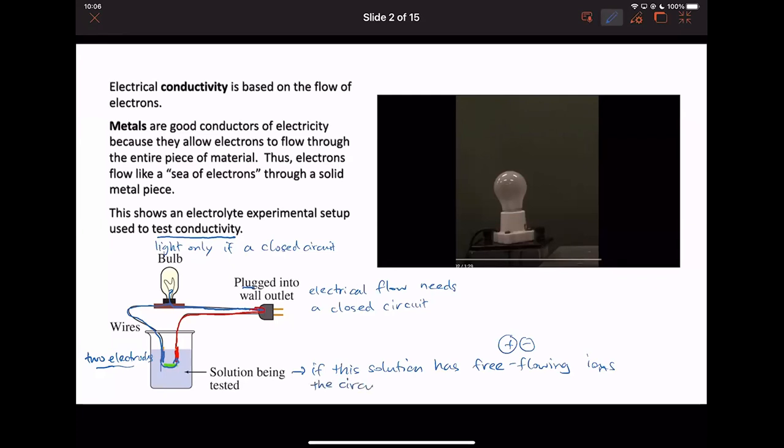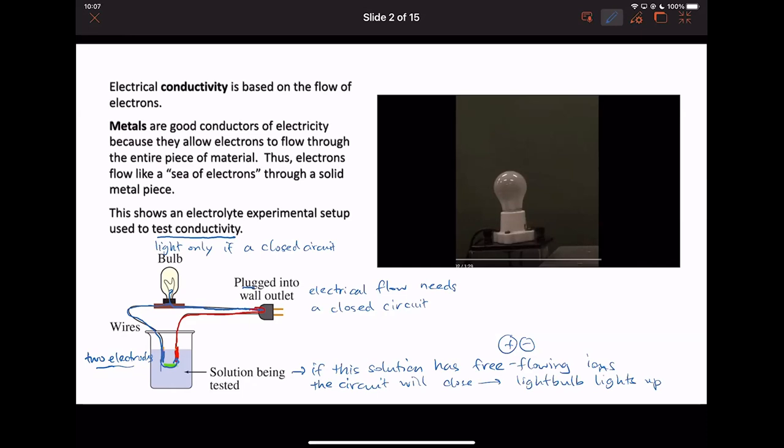So if the circuit closes, then the light bulb lights up. Okay, and then you will see varying degrees of that light bulb lighting up. A lot of light is called a strong electrolyte. A little bit of light is a weak electrolyte, and then no light is a non-electrolyte.